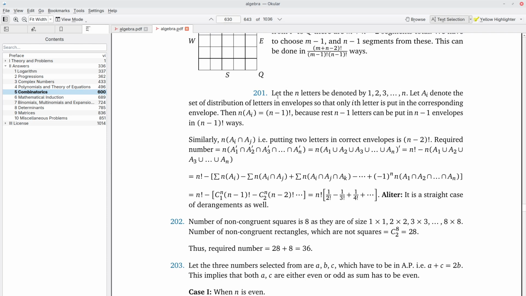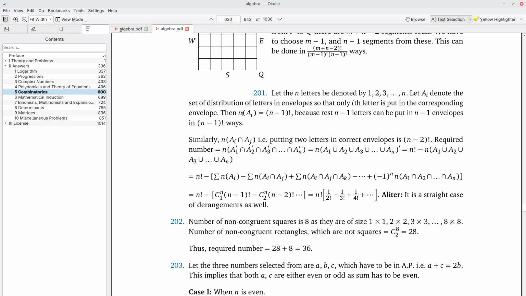So we said that n letters be denoted by 1, 2, 3 to n. Let Ai denote the set of distributions of letters in envelopes so that only the ith letter is put in the corresponding envelope.